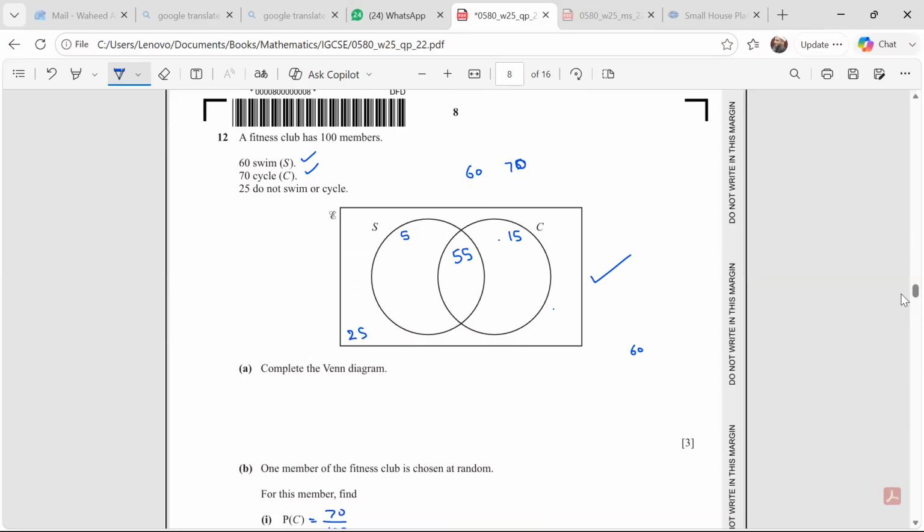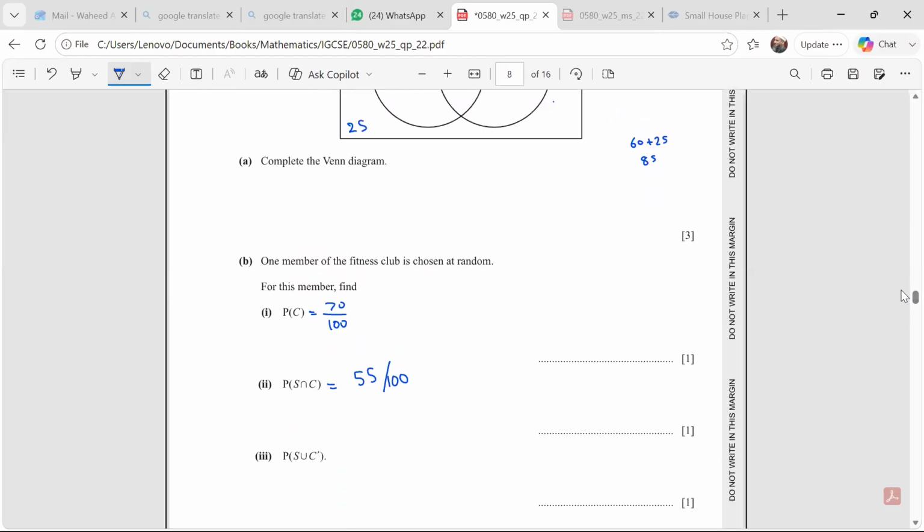Make sense or no? Not in cycling is basically 25 plus 5, but 5 is already counted in the swimming group. So that's why we will include only 25, which is this one. Make sense or no? So this is going to be 85. So the answer of this part is 85 over 100.